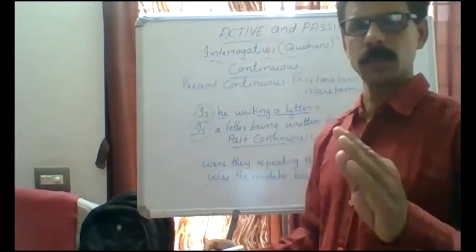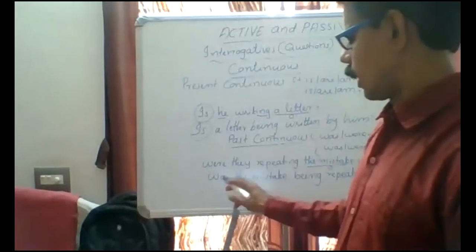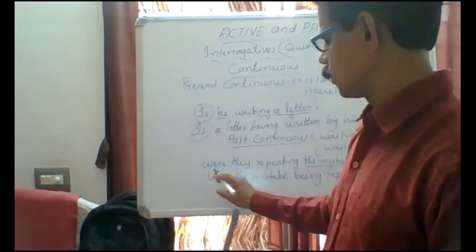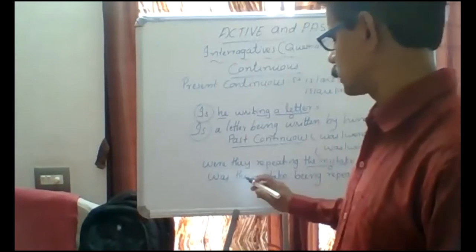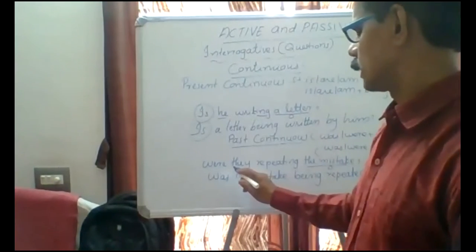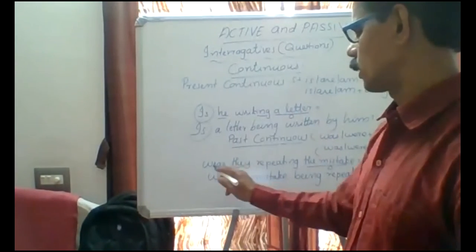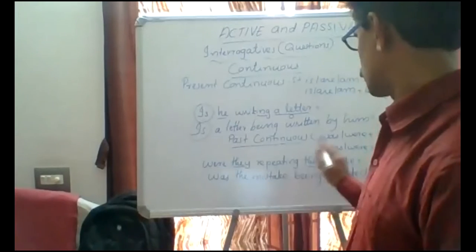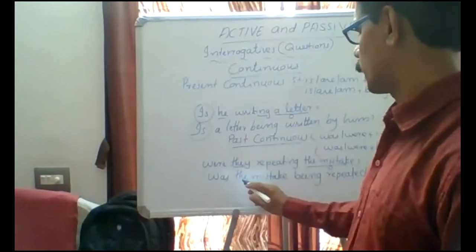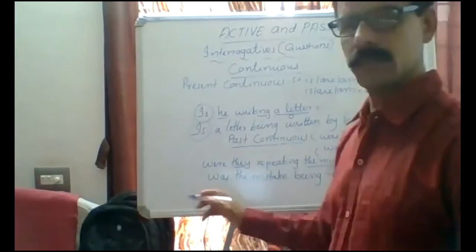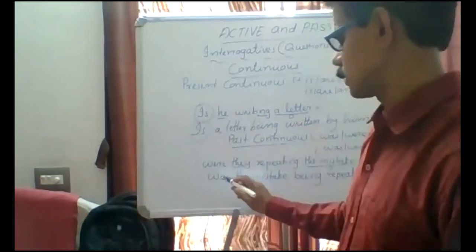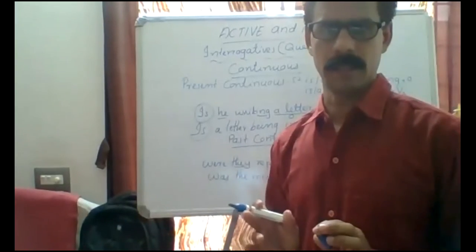Sometimes somebody feels, why should we not use the same word given in the active voice? We cannot use it because we changed the subject. In active, the subject is they, so we use were. But when the subject is changed, it became a single one, the mistake. The mistake is a single one, so we use was suitably, not were.